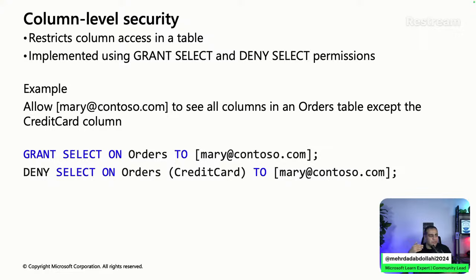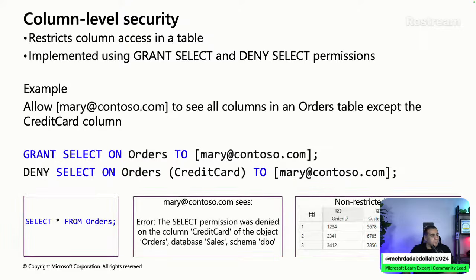For example, we are granting select on the table of orders to a user. And when we are denying a permission for a specific column for a user, basically the select star doesn't work for them, and they have to specify the columns that they have, right?